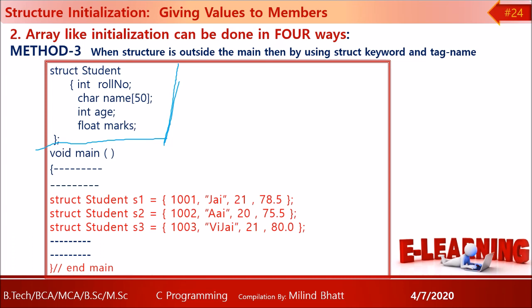Inside main you do all your demanded works and then you want to initialize it, then call struct student s1 array elements all the values, similarly struct student s2 all such values, struct student s3 within braces all such values. Keep in mind that sequence matters.